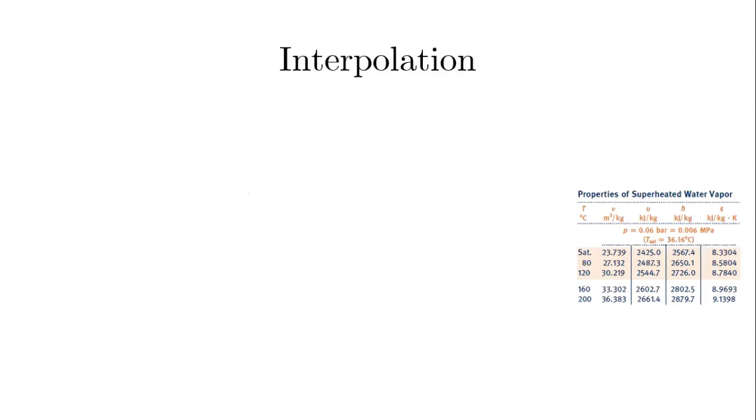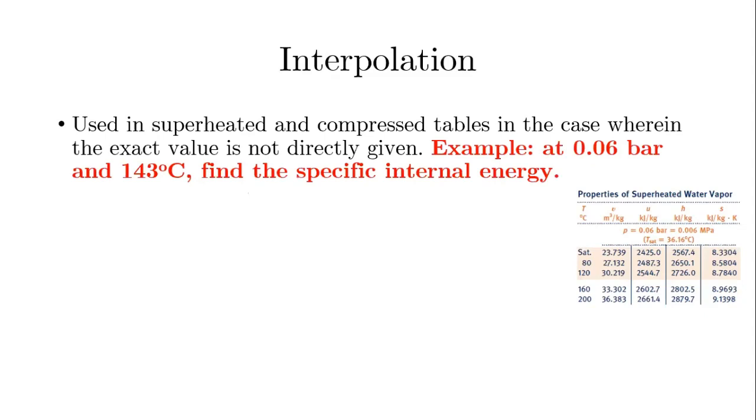So let's say I have this table here, and I need to know the property at 143 degrees Celsius. I'm not given that directly in the table. I figured out I need this table, and I want to find the specific internal energy U at 143.